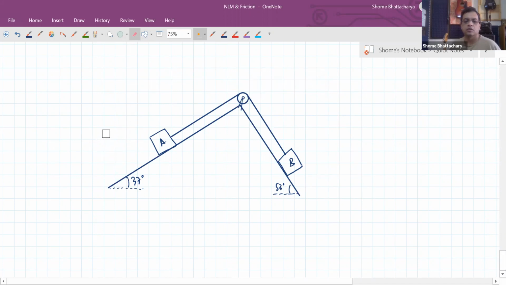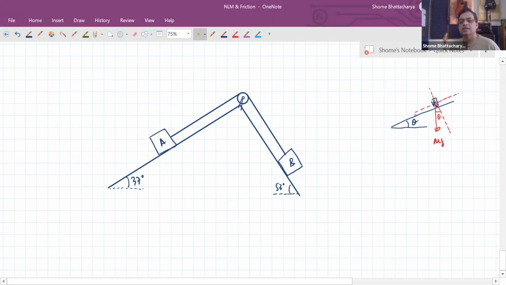Okay. So in this type of situation, we will keep one analysis very straightforwardly in mind: whenever we have an inclined surface at an angle theta, then the weight of an object can directly be resolved into components like this.